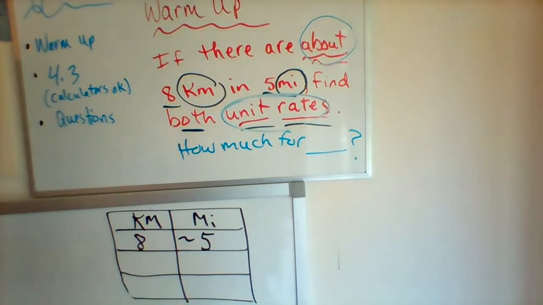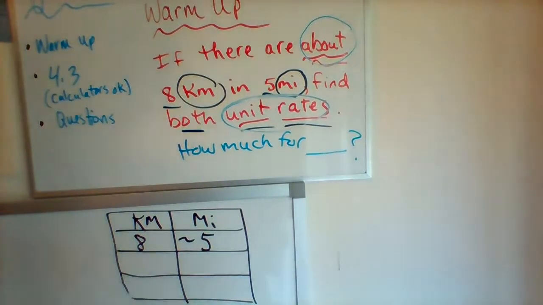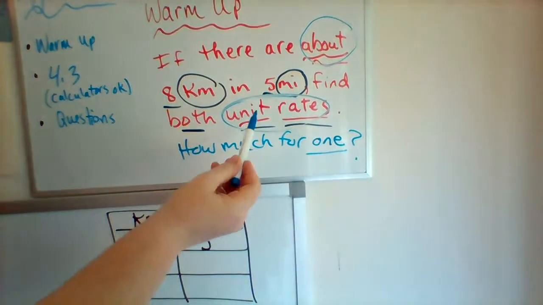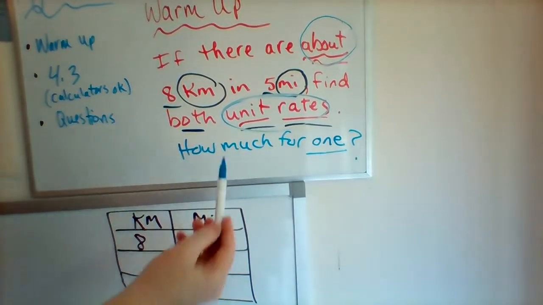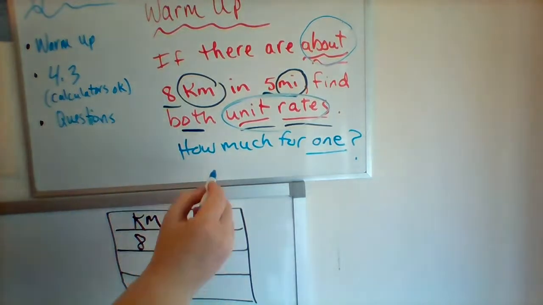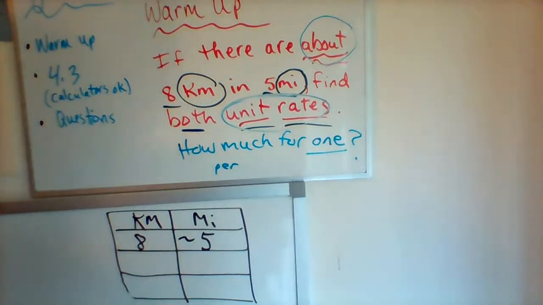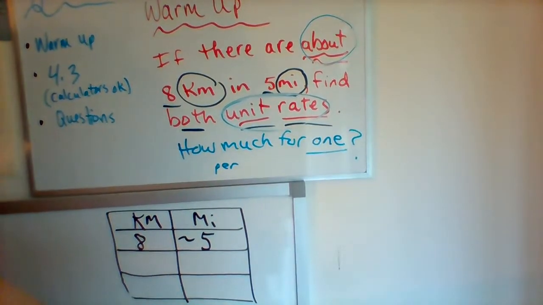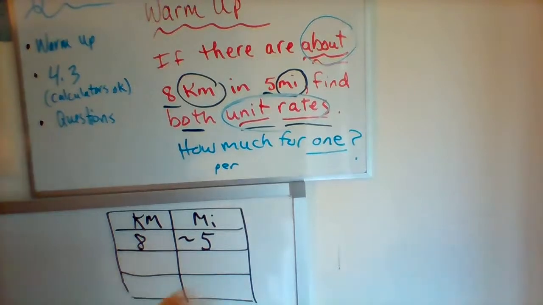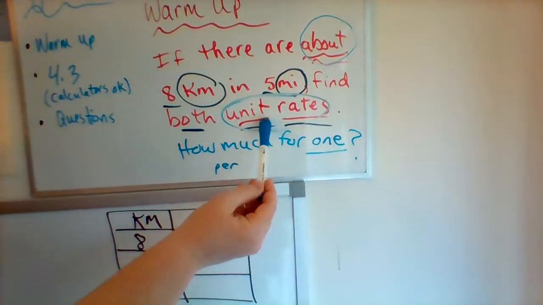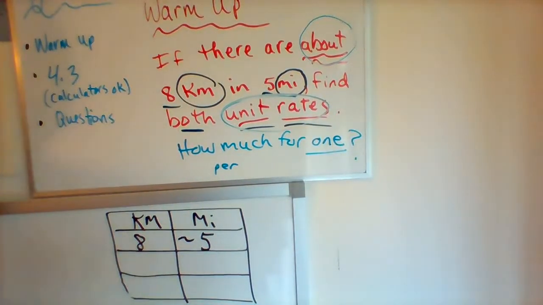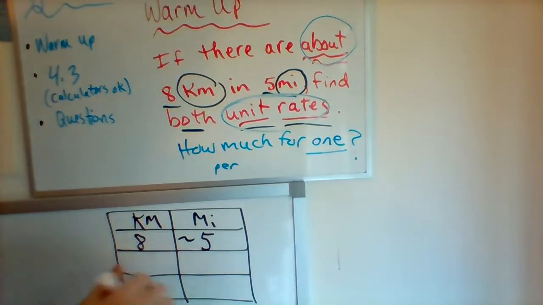That's right, Alana. It answers the question, how much for one? A unit rate or a unit price tells you how much for one. So when Rusmeli said per, that was a clue for everybody that if they are looking for unit rates with kilometers and miles, they are looking for how many kilometers per mile, meaning for 1 mile.